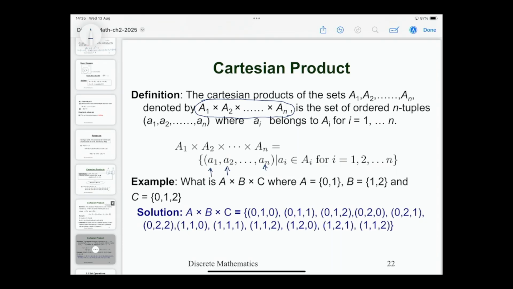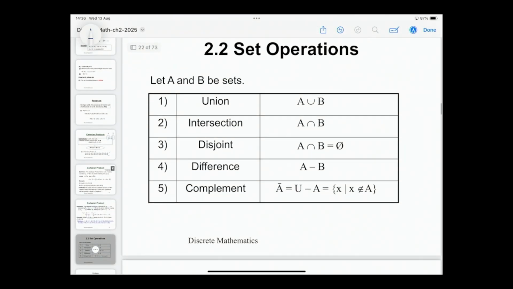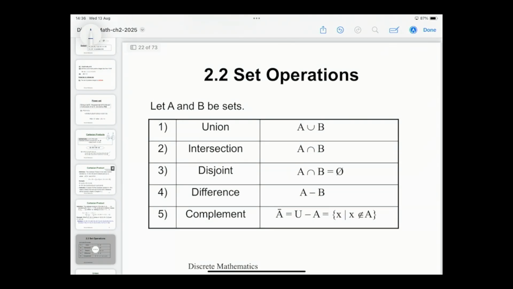It doesn't matter how many sets we have, we can find the corresponding Cartesian product, as shown here when we have 3 sets. Then we can list out all the members here. So that's about terminology and notations for the set.